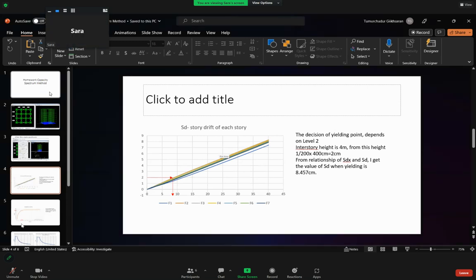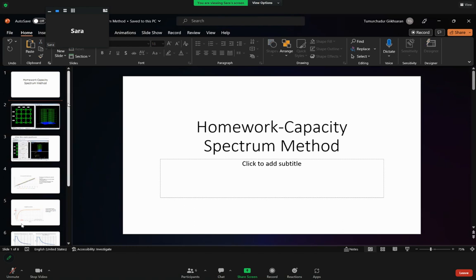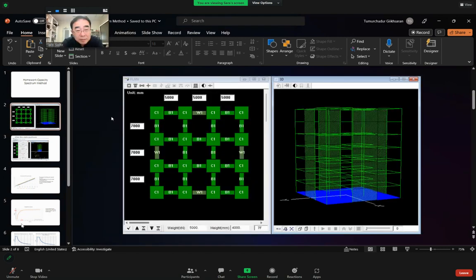Now I'm going to talk about the capacity spectrum method, known as CSM. I built a 7-story structure, and I added walls on each story.